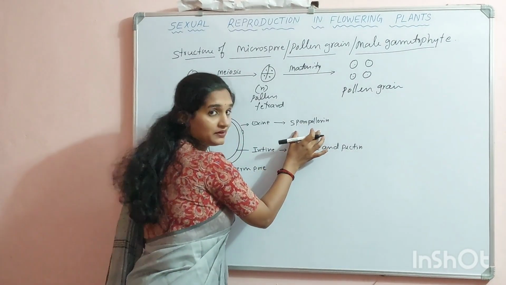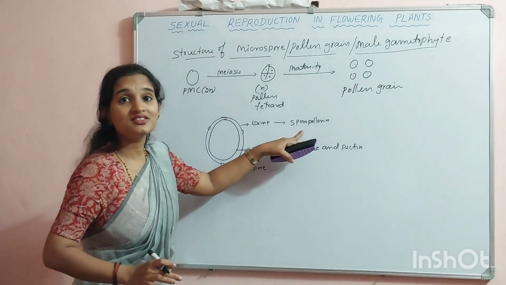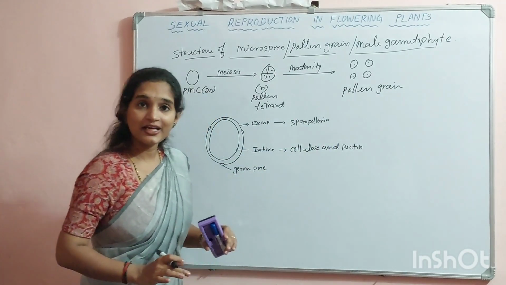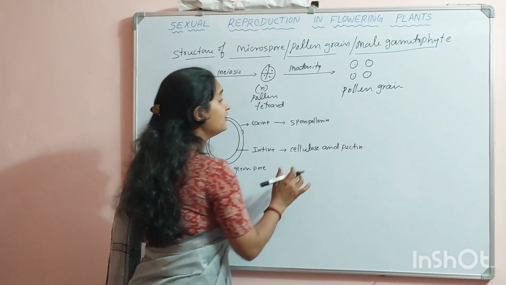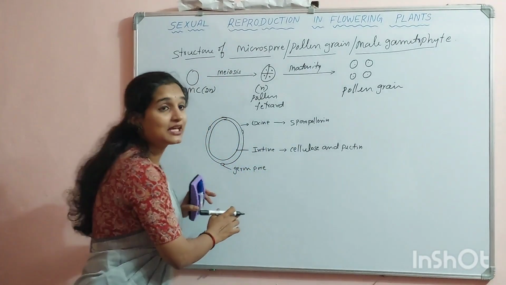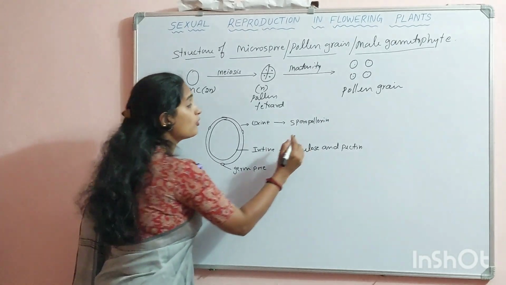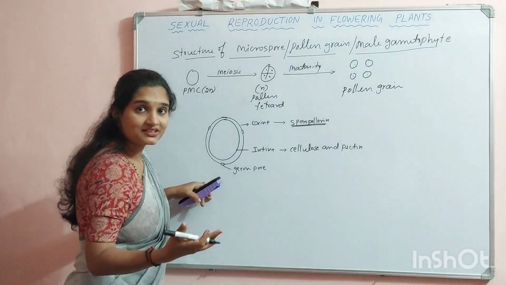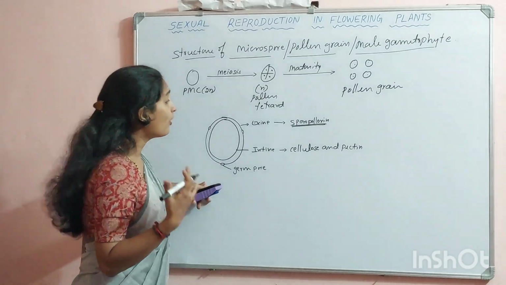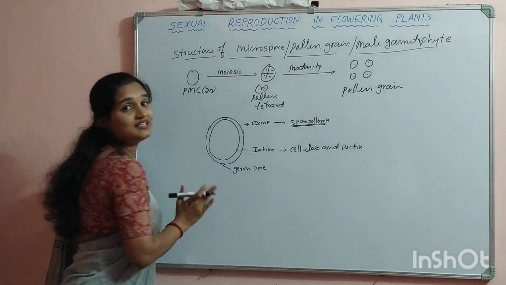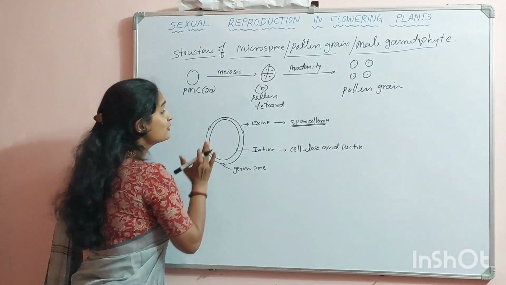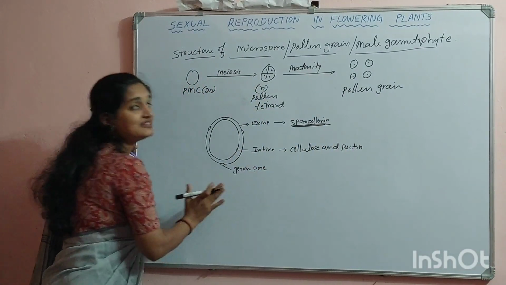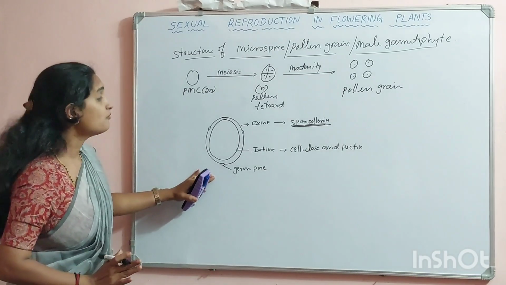It is a chemical that shows resistance to temperature, the activity of enzymes, acids or alkali, so the pollen grains can be preserved as fossils. So these pollen grains can be stored for many years. Because of the presence of sporopollenin, these pollen grains can be preserved as fossils.